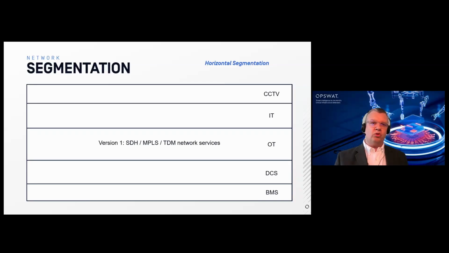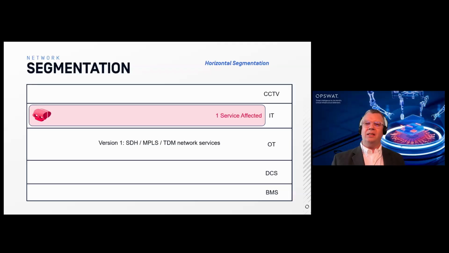Each application runs in a specific swimming lane, which means if you have a problem in one application, it will be limited to that one application. The other applications keep working.